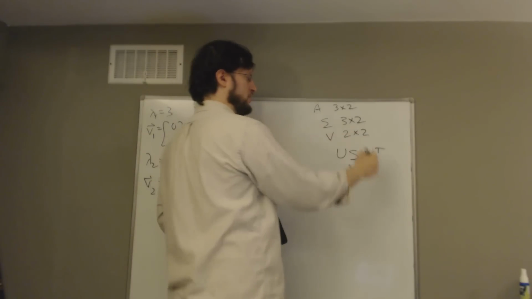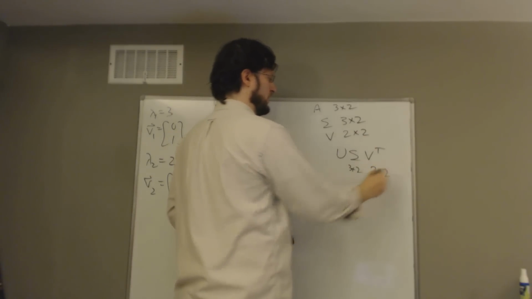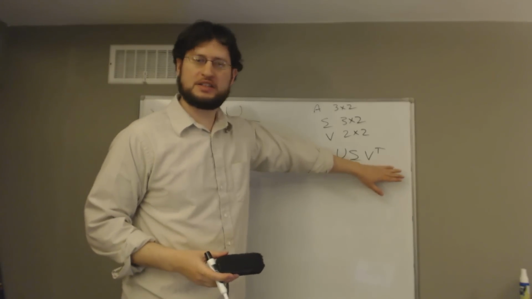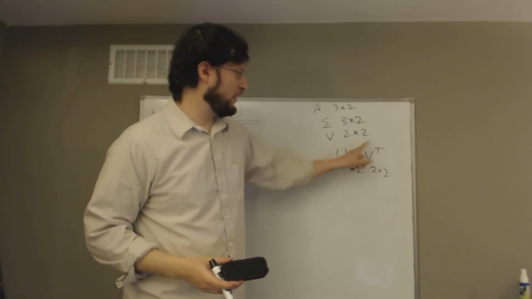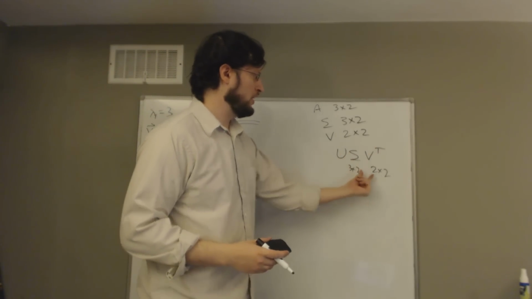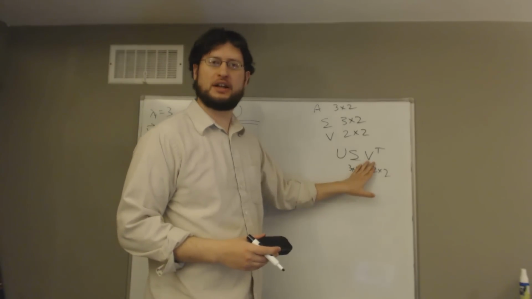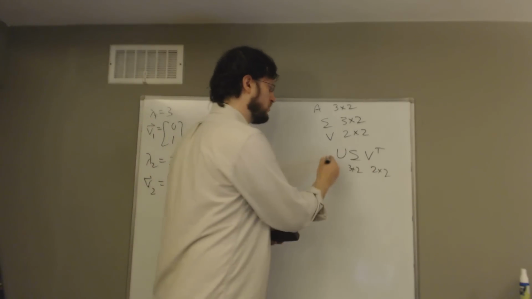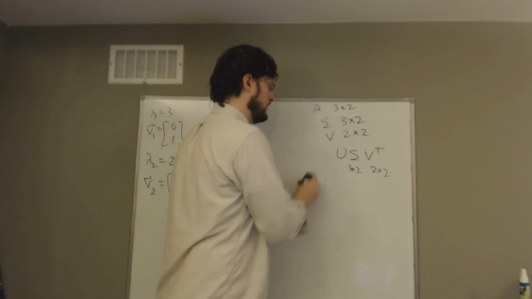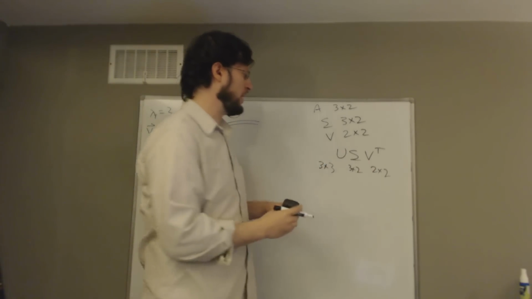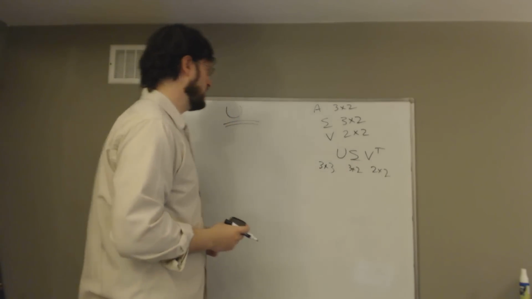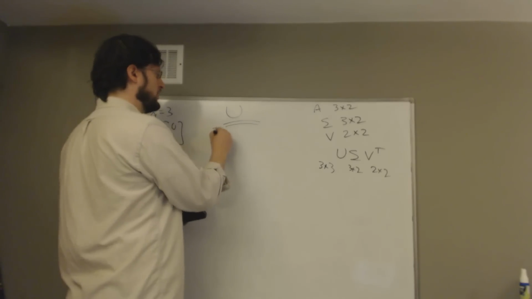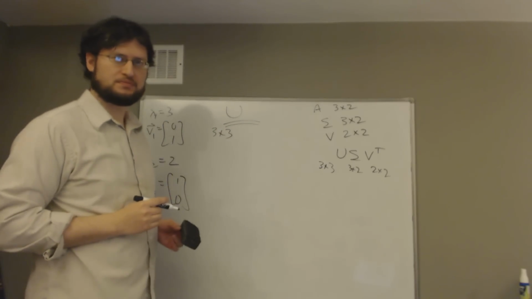V is a square matrix, so the transpose is still 2 by 2. So this product makes sense, and what we're going to get is, the middle goes away, so we're going to get a 3 by 2. The only thing that it makes sense for U to be is 3 by 3, so that I can multiply it by a 3 by 2 matrix. So U has to be the 3 by 3 matrix.